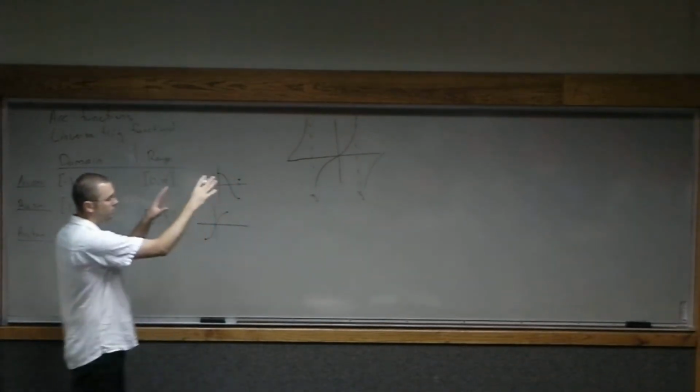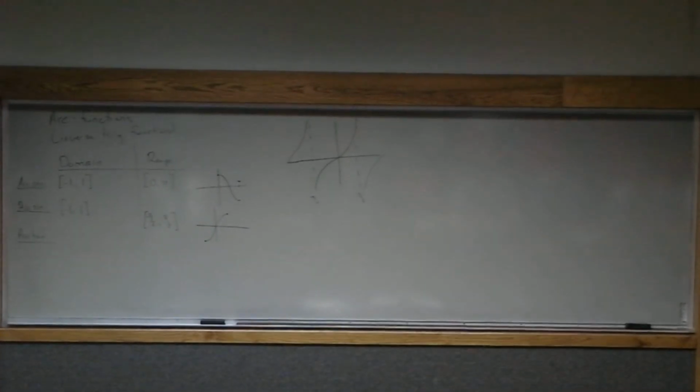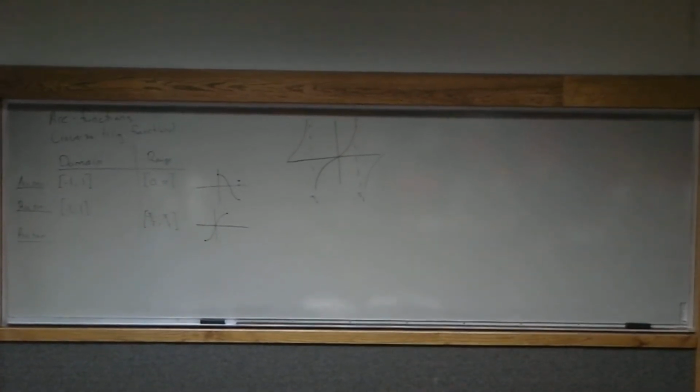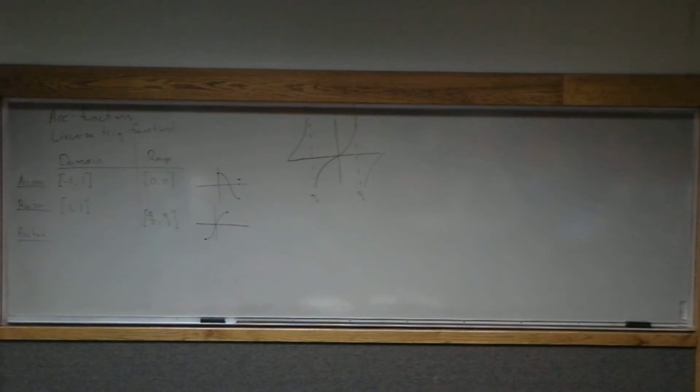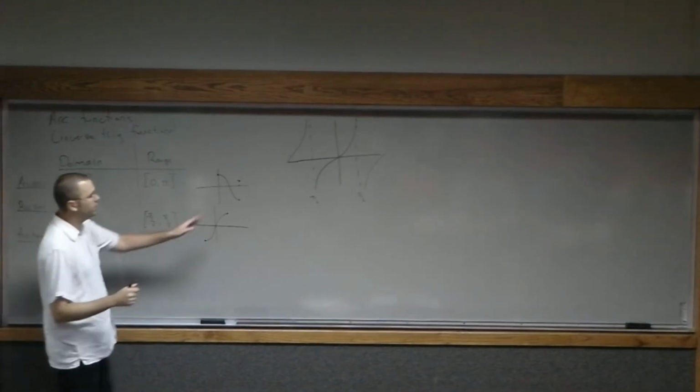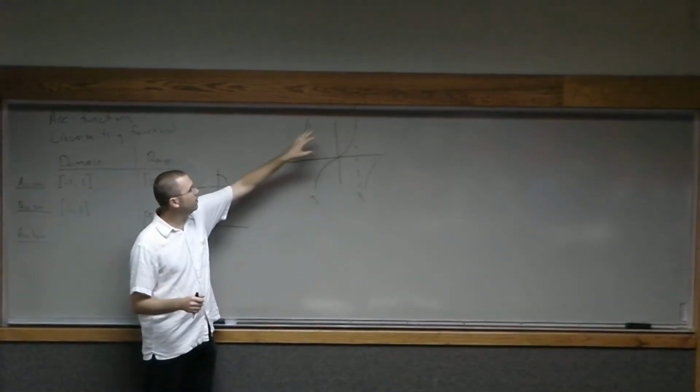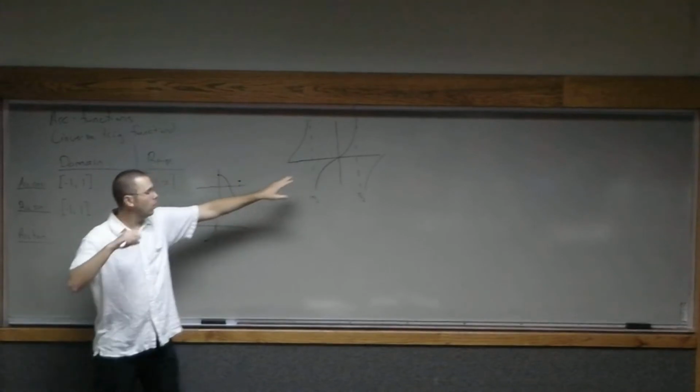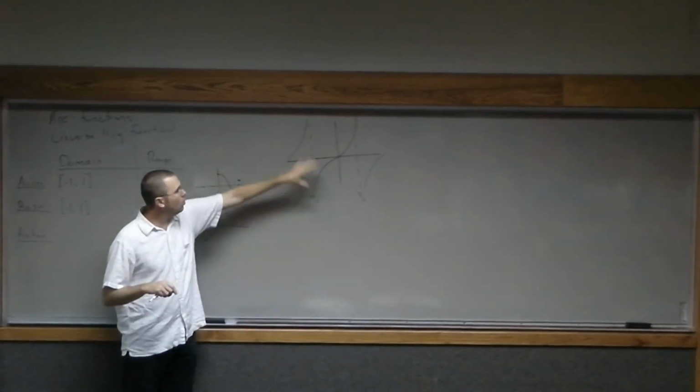All right, so this is part of the tangent graph, the graph of the tangent function. Again, I didn't complete it all the way, but it continues on in each direction forever and ever like this.